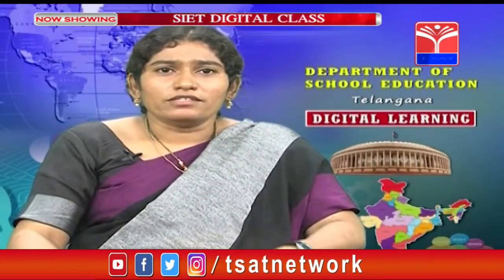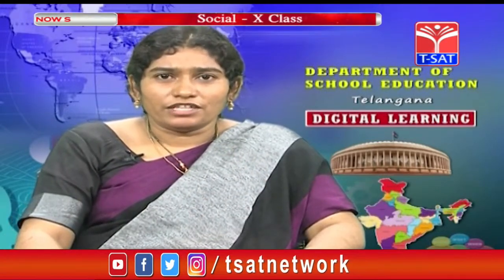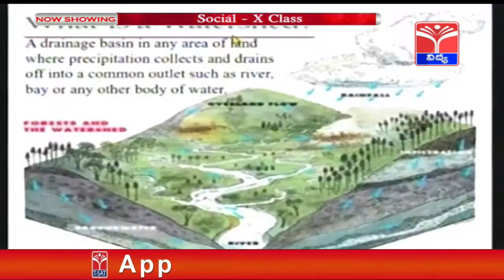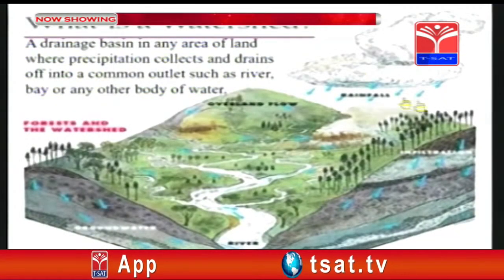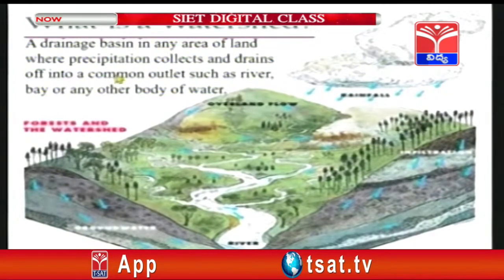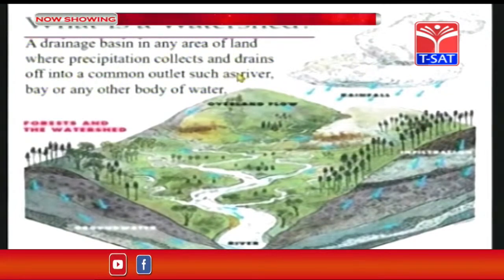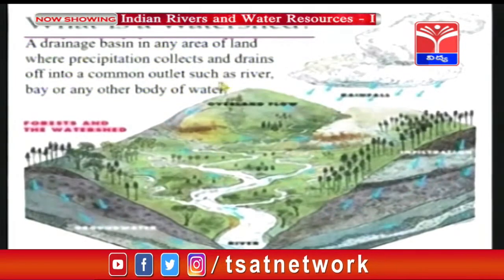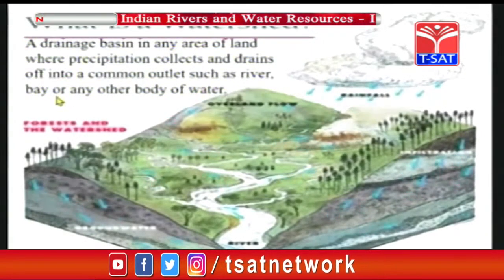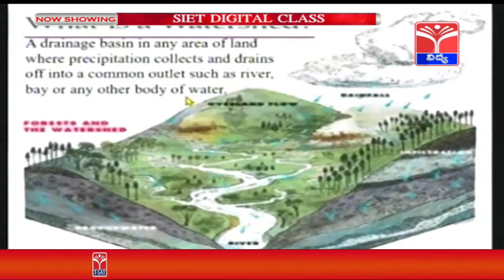So, let us go to the next topic. What is watershed? Watershed is the drainage basin in any area of land where precipitation collects and drains off into a common outlet such as a river, bay or any other body of water.